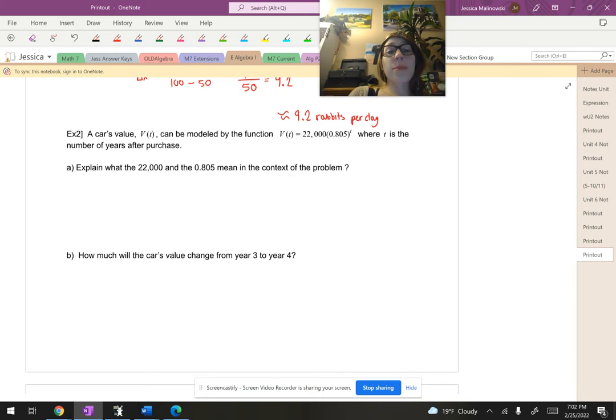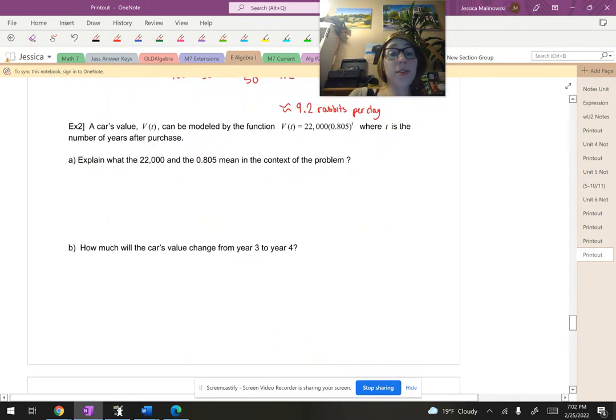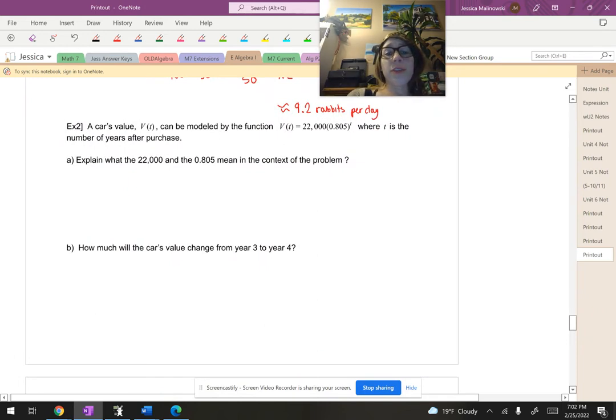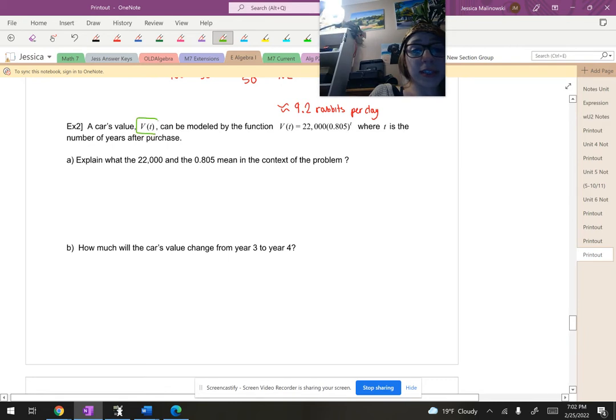So, example 2, this is algebra 7-7, interpreting exponential models. A car's value, V of t, can be modeled by the function, where t is the number of years after purchase.